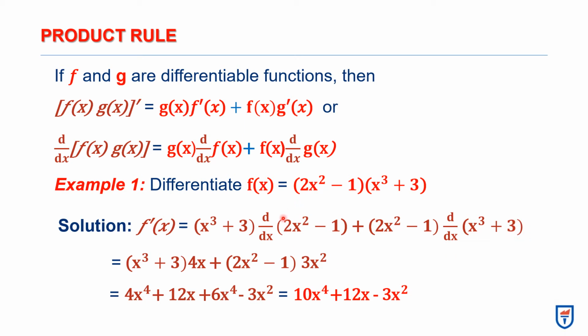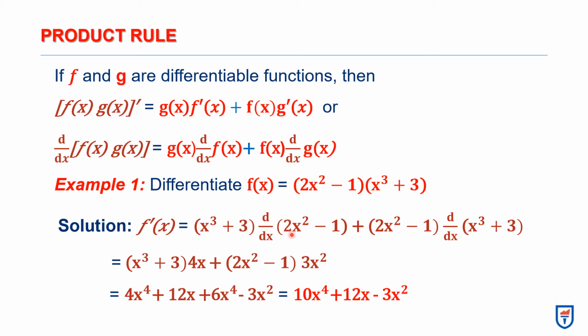So now we have to focus on differentiating the function f(x), which is 2x squared minus 1. Minus 1 is a constant, so by the constant rule, we're going to get 0. So we focus on 2x squared and apply the constant multiple as well as the power rule to differentiate 2x to the power 2.